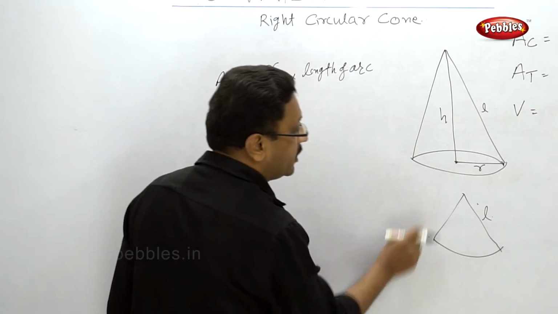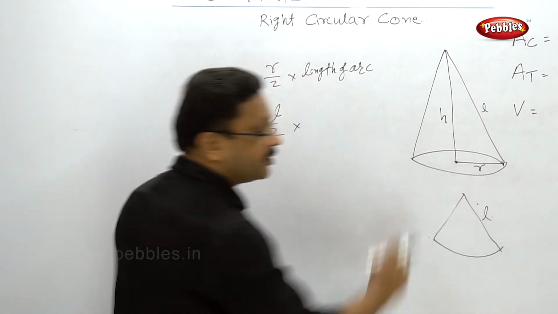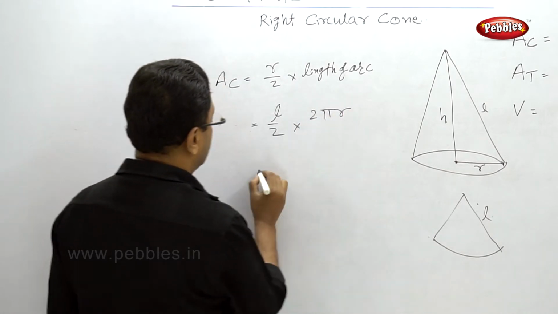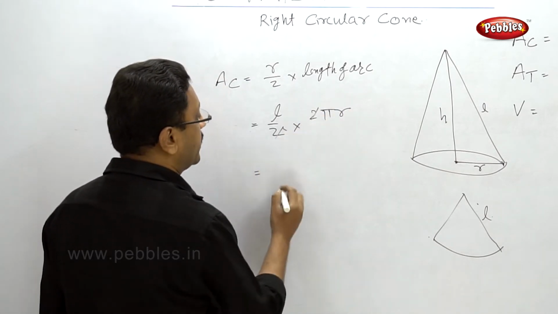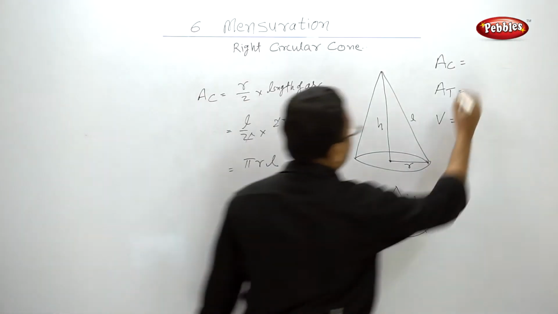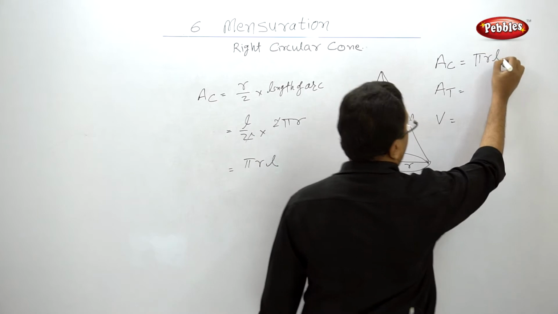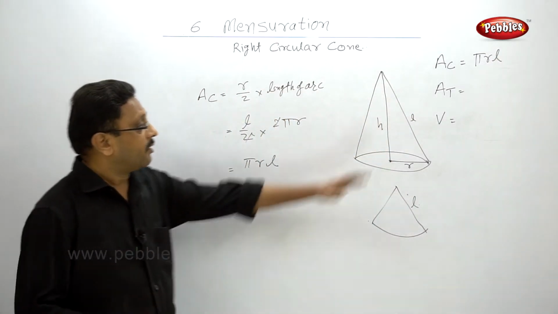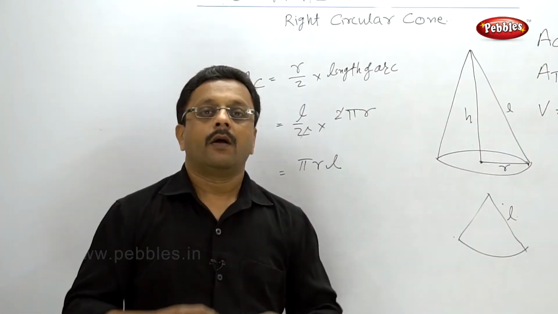This length of arc is the circumference of the base circle, that is 2 pi r. This 2 will get cancelled, so pi r L is the curved surface area of this right circular cone.